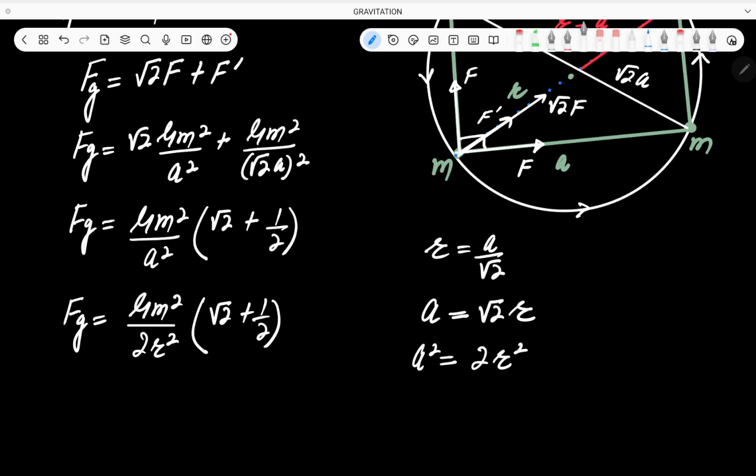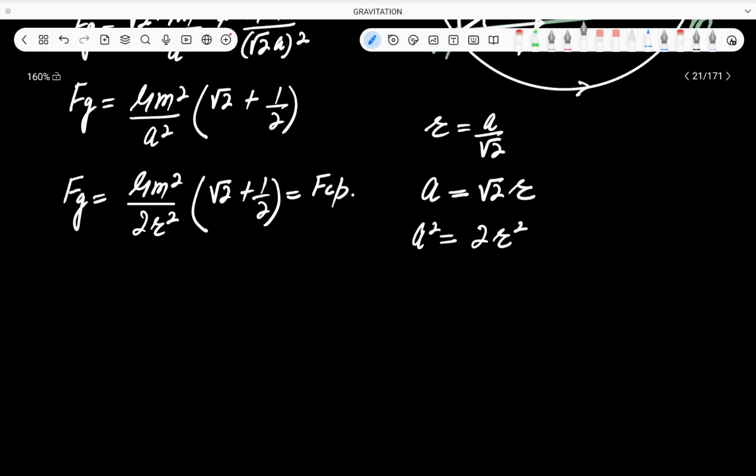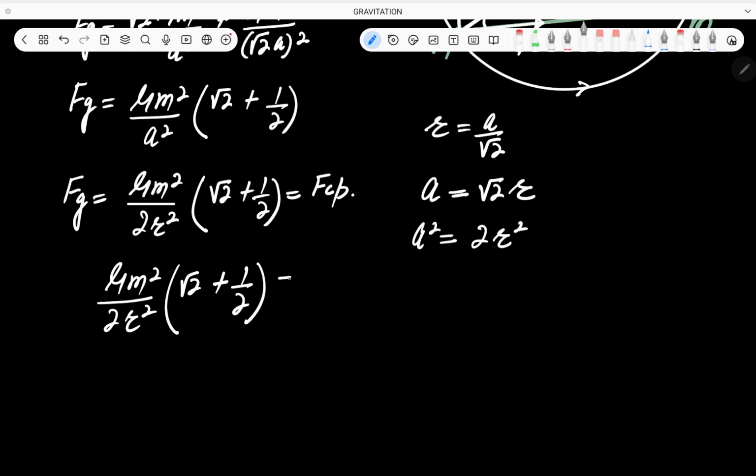This is the net gravitational force, and this net gravitational force is going to provide centripetal force, because each of these particles is moving in a circular path. So this net gravitational force will provide the necessary centripetal force. G M square divided by 2r square into root 2 plus 1 by 2, ये है net gravitational force. What is the equation for the centripetal force? That is m v square divided by r. Is there anything which is going to cancel? This m will cancel with one m, this r will cancel with one r.